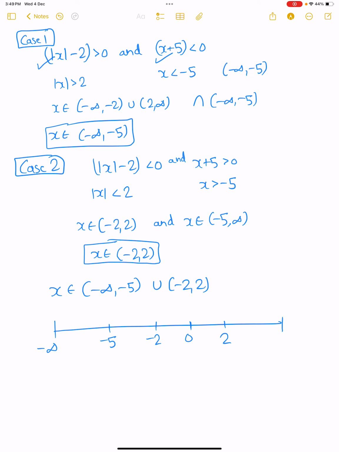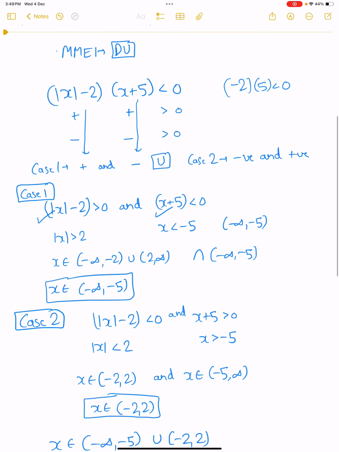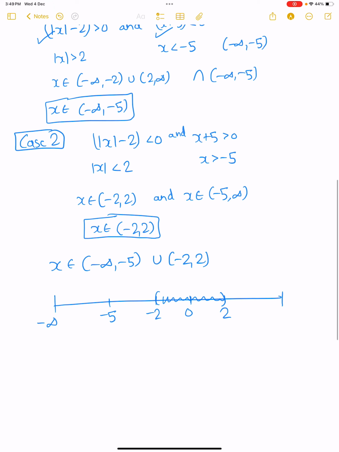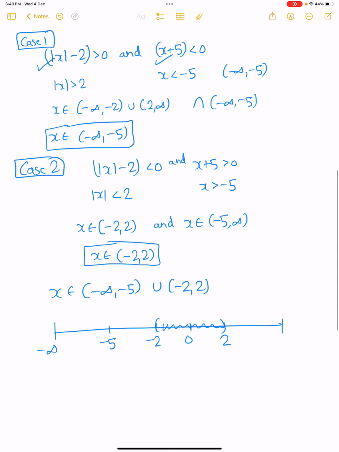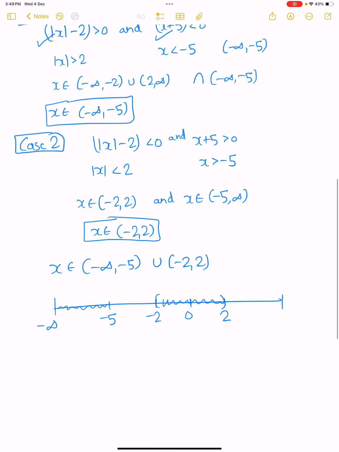If we take, suppose, the value of 0, this would be minus 2 into 5, which is less than 0, right? So this portion is included. Similarly, you can put the value by yourself and you'll see this portion is also included. So putting the values helps in verification of the answer.